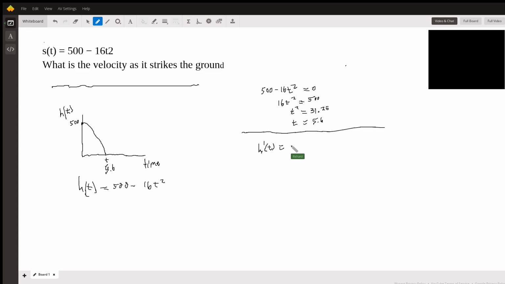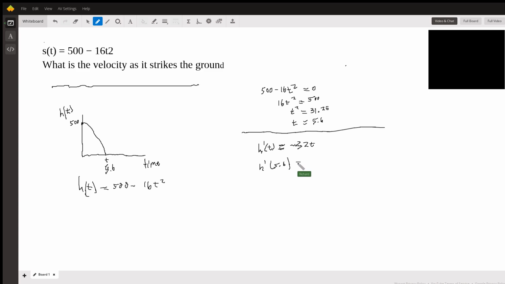And so this is going to be negative 32t. Right? It's going to be 2 times 16 times t. So it's negative 32t. So we need h prime of 5.6.